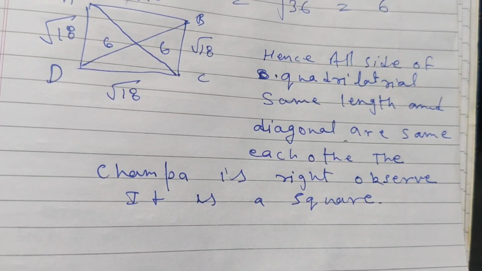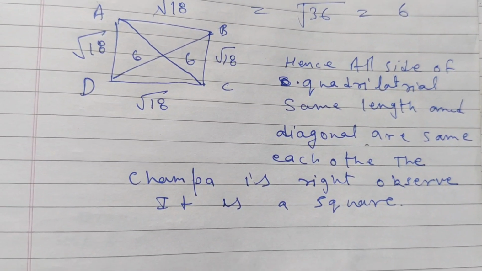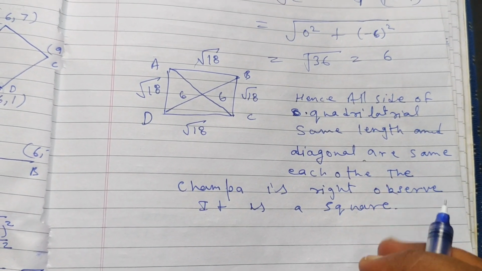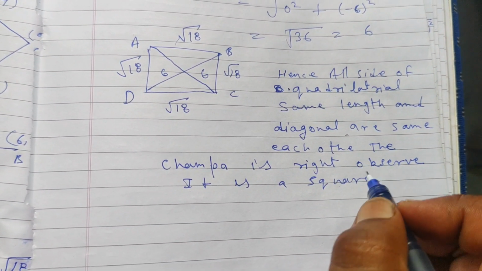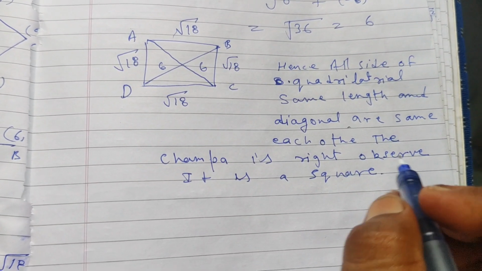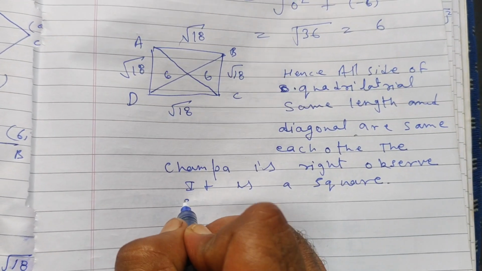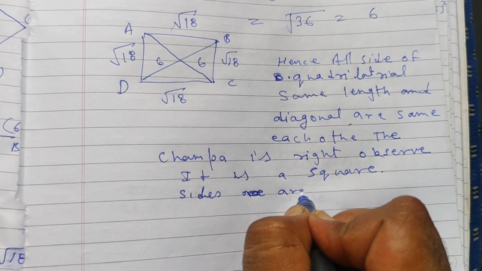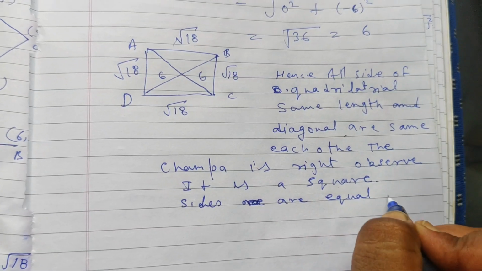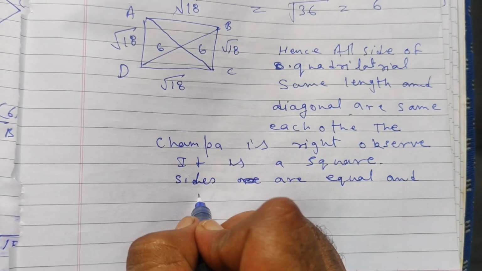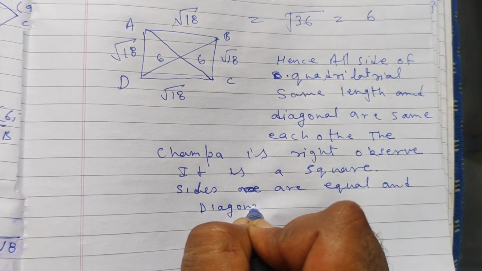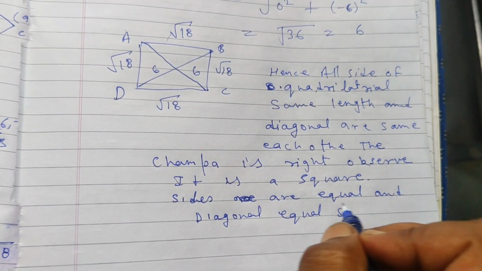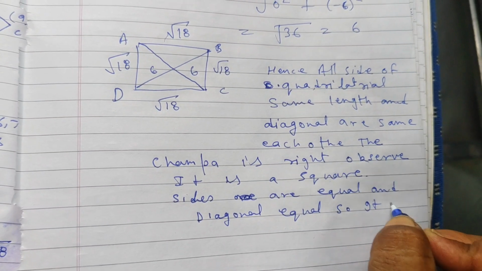So the sides are equal and the diagonals are equal, so it is a square.